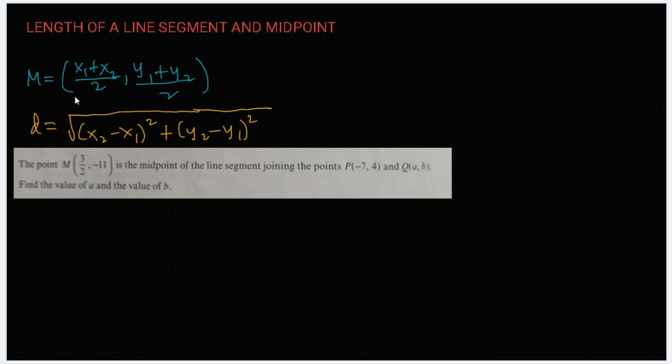We substitute in the given, that becomes (-7 plus a) over 2, and (4 plus b) all over 2, equal to 3 halves and -11.